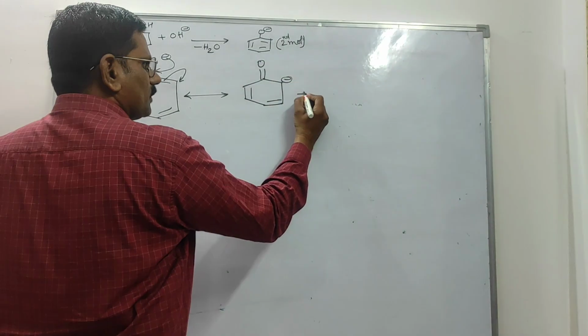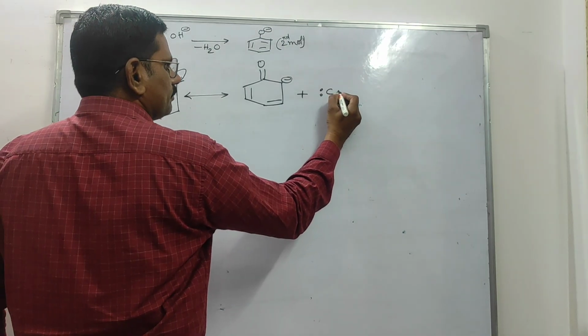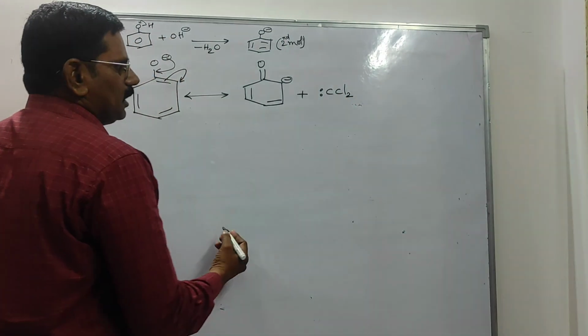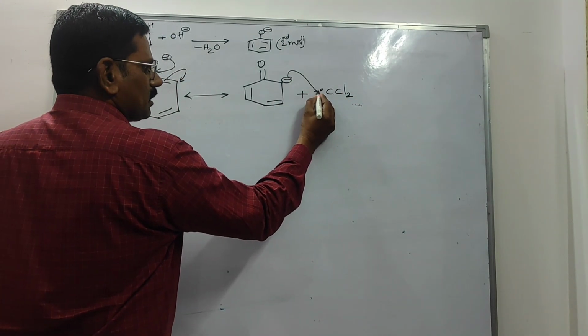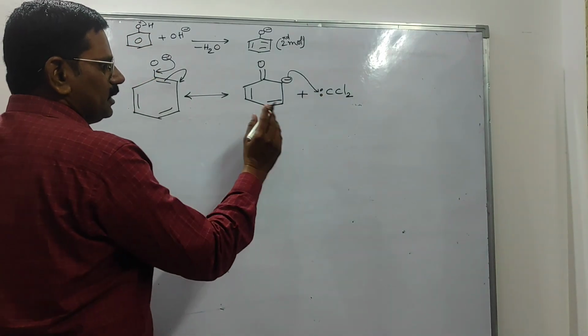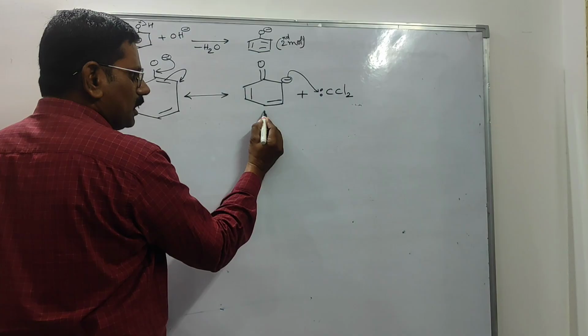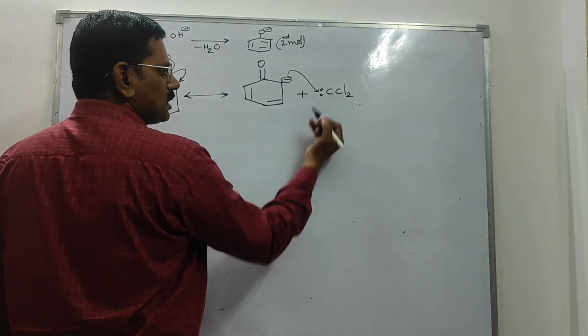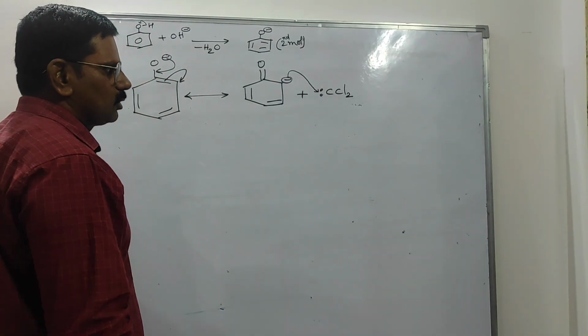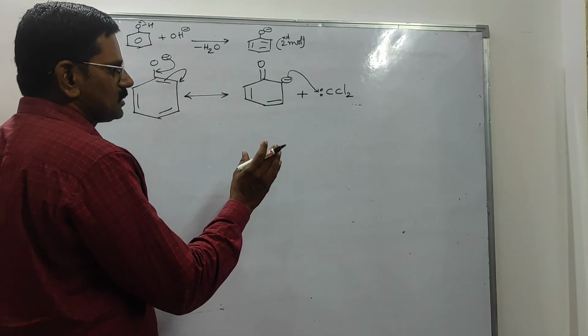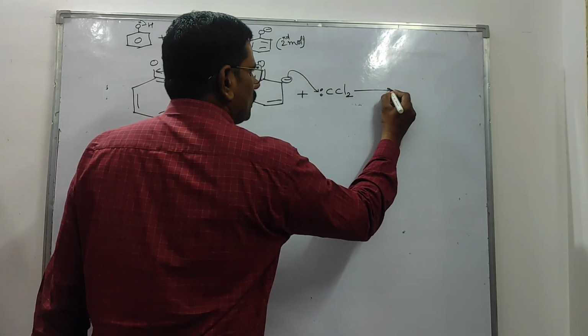This reacts with dichlorocarbene, CCl2. This bond comes and attacks dichlorocarbene. And for the para product, this bond becomes negative, that negative reacts with dichlorocarbene, then the para product is formed. So we will understand the ortho product.